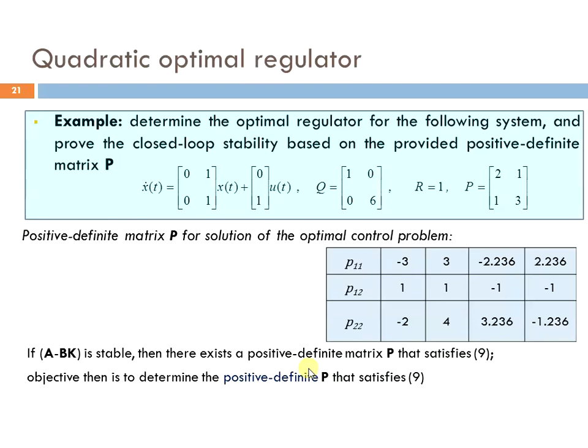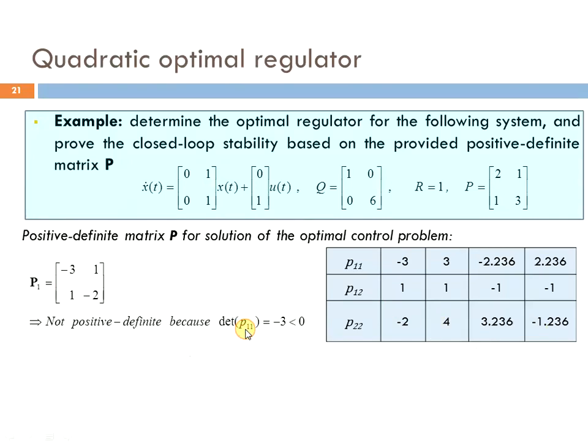Okay, so the claim here is that we only have one positive definite matrix that satisfies equation 9, provided that the matrix A minus B times K is stable. So we are going to go through the procedure of determining the positive definiteness of the matrix P based on all these elements of the P matrix.